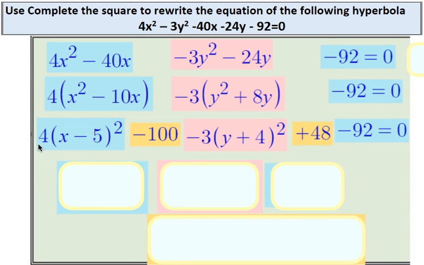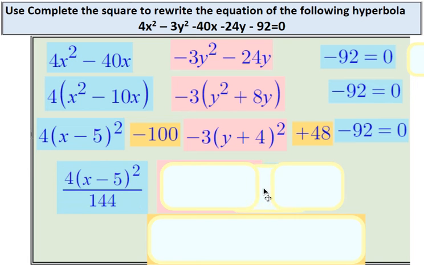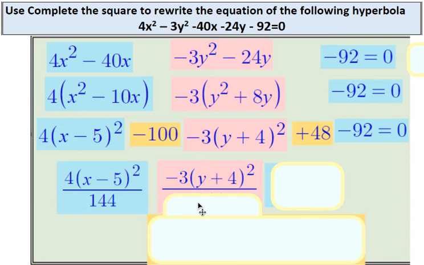I'm going to bring down this expression with the 4. Now I've got 4 times x minus 5 quantity squared. I'm going to bring down the negative 3 times y plus 4 quantity squared, and I've got the 144. So the question is, where did the 144 come from?